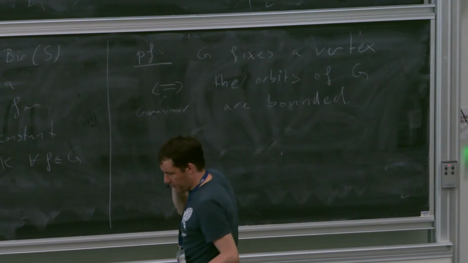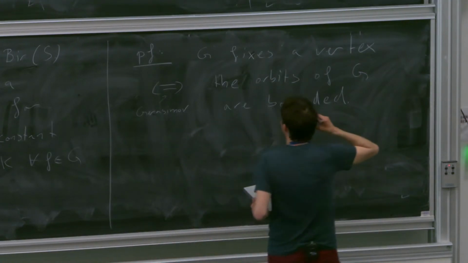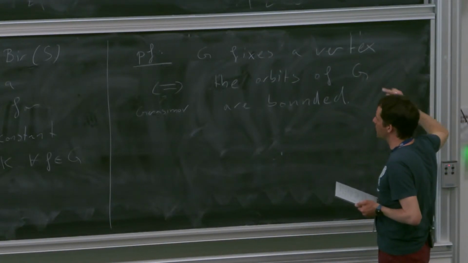And obviously, if one orbit is bounded, then all of them are bounded.